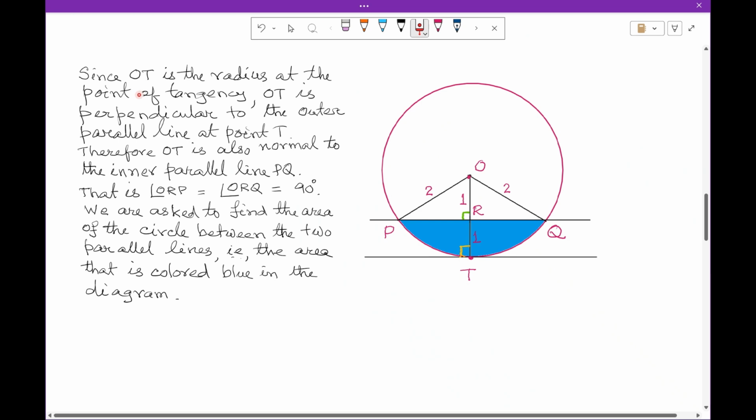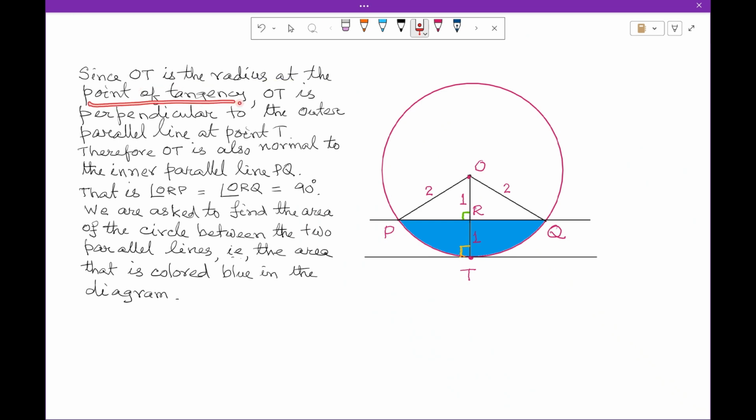Since OT is the radius at the point of tangency, OT is therefore perpendicular to the outer parallel line at point T. That means this line is perpendicular to this line, or this angle is 90 degree. Okay. Now since these two lines are parallel and this line is perpendicular here, this line also will be perpendicular to the inner parallel line.